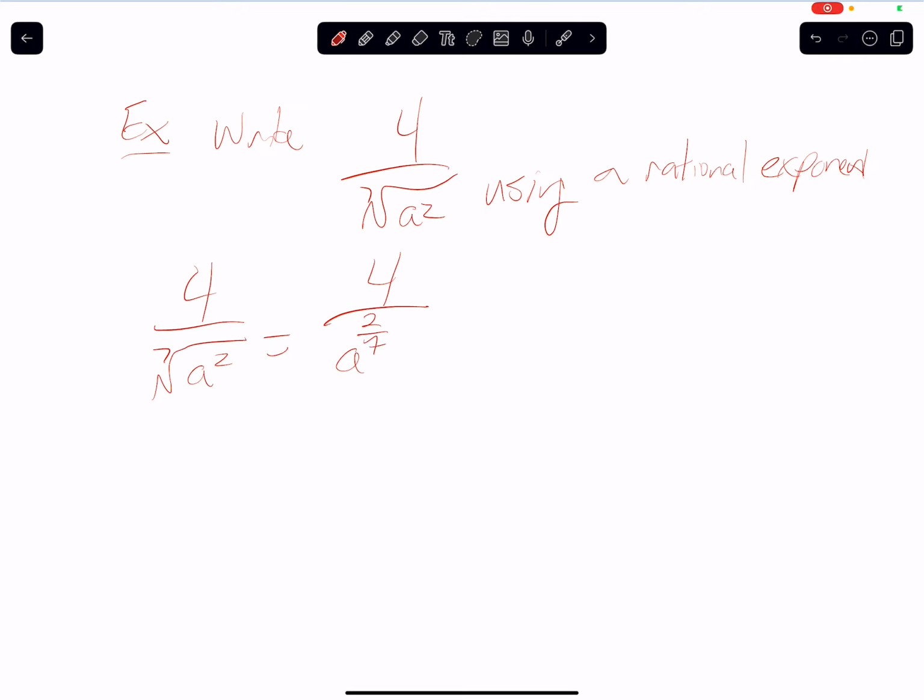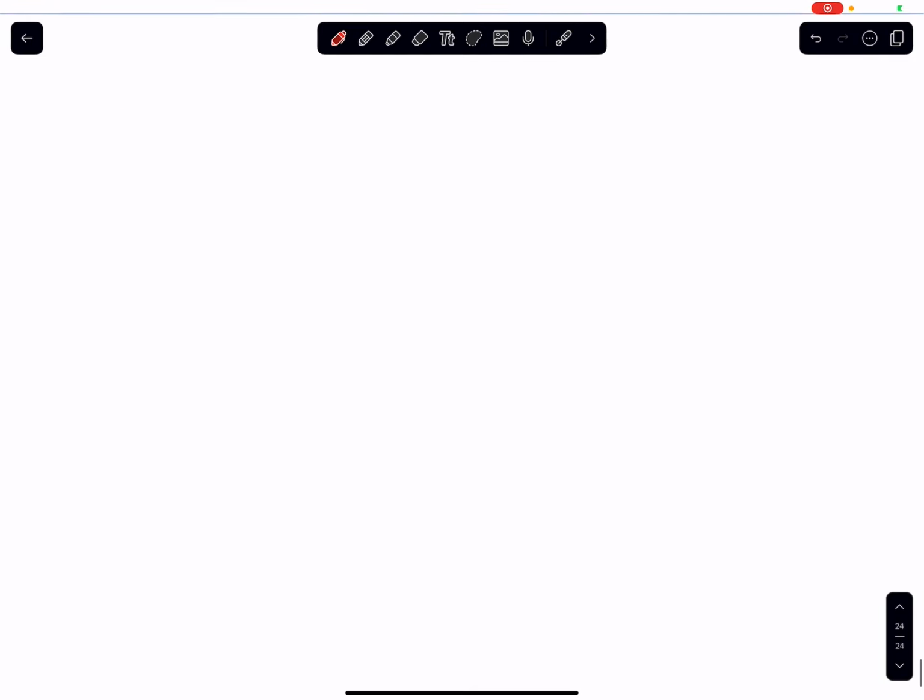And what we can do with that, since we know the properties of exponents, is write that with a negative exponent as 4 times a to the negative 2 over 7. Let's do one more example with this.